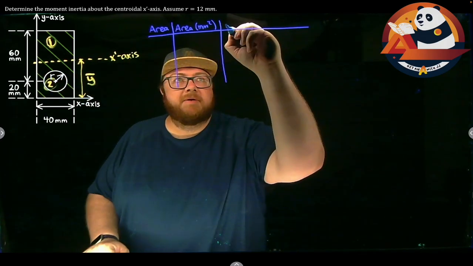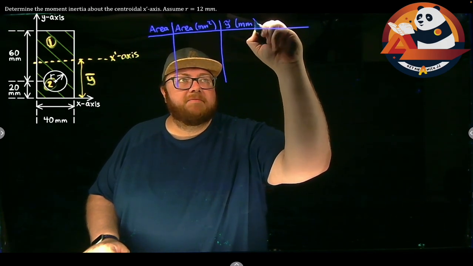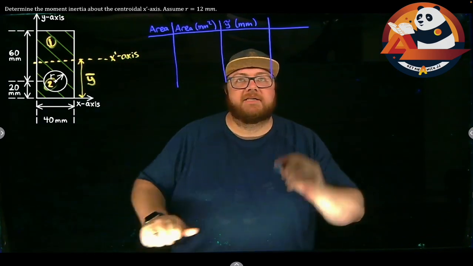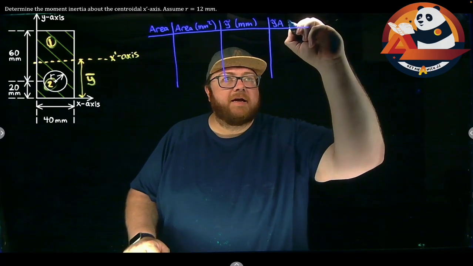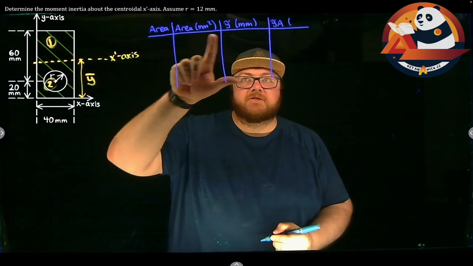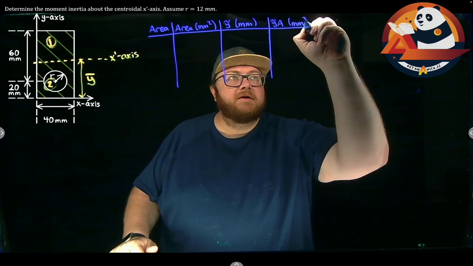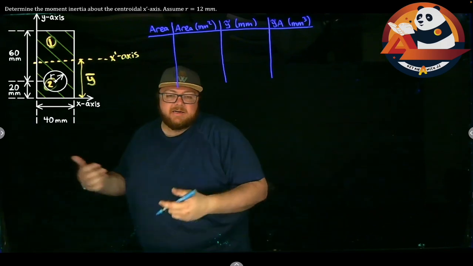That's my y tilde value. It's a distance, so it'll be in millimeters. And then finally, I'll multiply these 2 columns together to get me a y tilde A. That'd be in millimeters squared times millimeters, which gets me cubic millimeters. Once I have that, I can find my centroid.